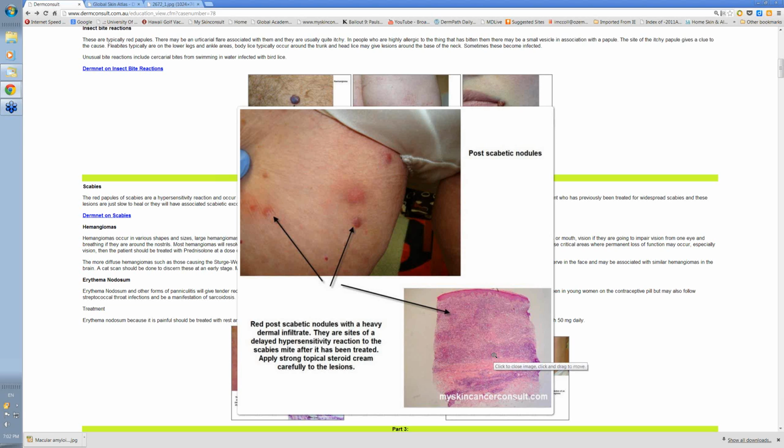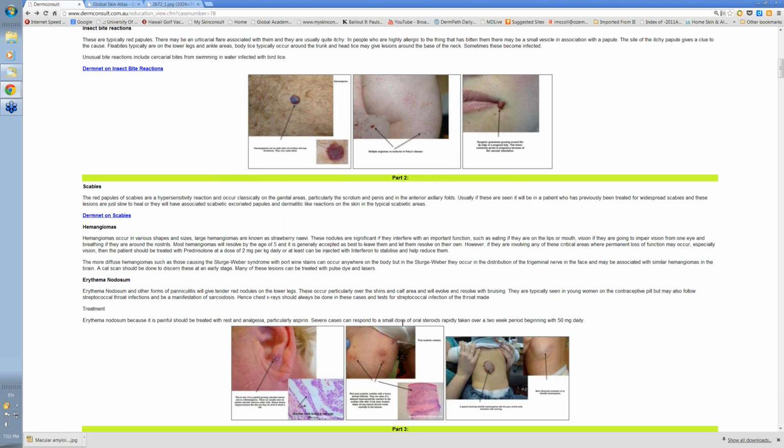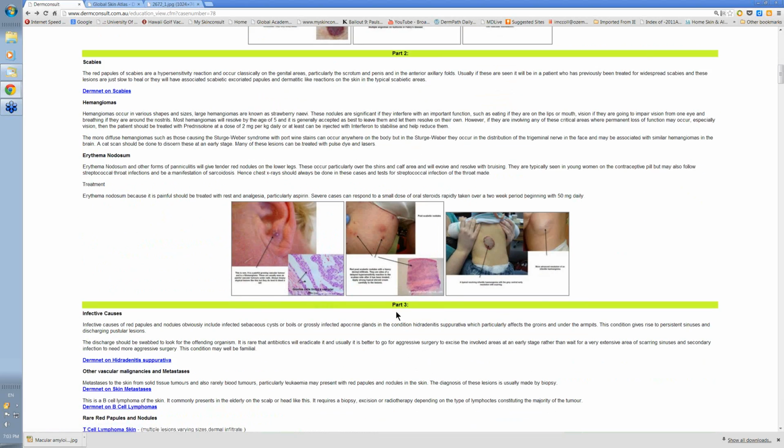But usually they may be diagnosed as a pseudo-lymphoma. So just remember scabetic nodules are a hypersensitivity reaction to the scabies mite. Doesn't mean to say there's active scabies there at that moment. It's just a hypersensitivity reaction to the scabies organism. So remember that.